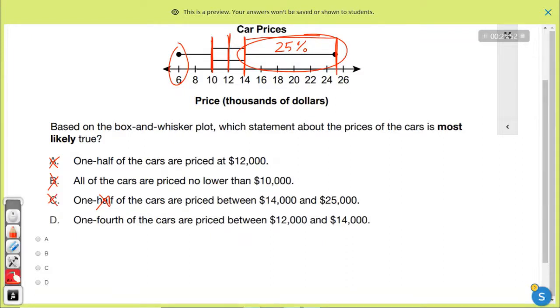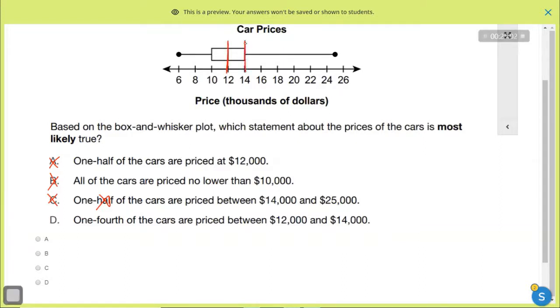I'm going to erase my work up here so we can make this one nice and clear as to why it's true. 1/4 of the cars are priced between $12,000 and $14,000. Here's $12,000, here's $14,000. 1/4, in other words 25%, are priced between there, and that is true because each one of these sections on a box-and-whisker plot does indeed represent 25% of the data. So D is our correct answer there.